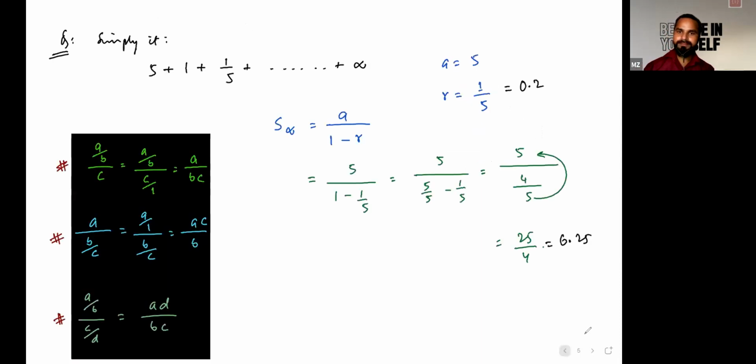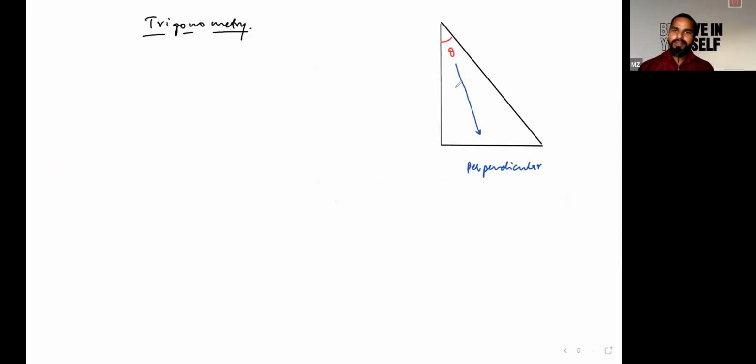So if you have theta to be this part, the side opposite to that particular theta would be taken as perpendicular, the side adjacent to this theta would be called the base, and the longest side of this right angle triangle would be called the hypotenuse.